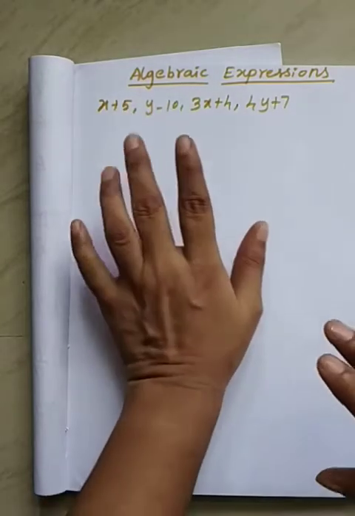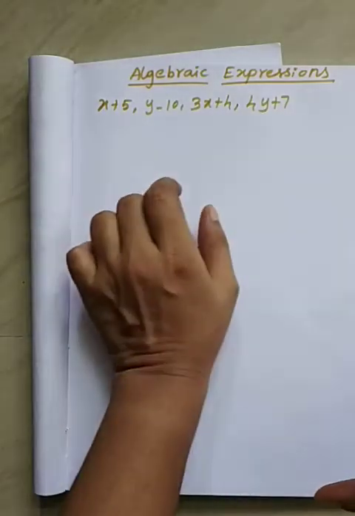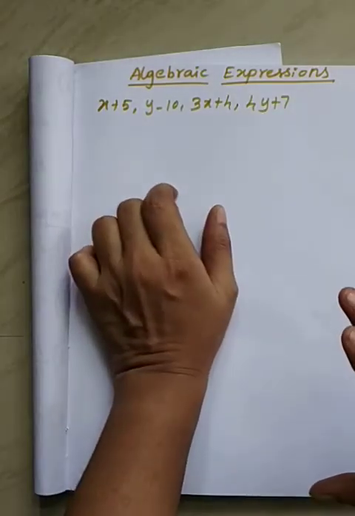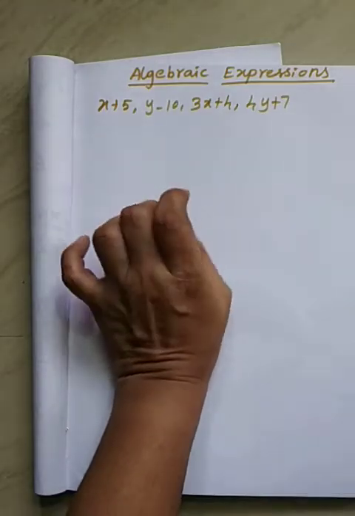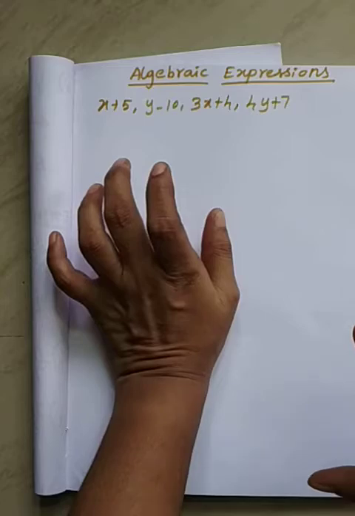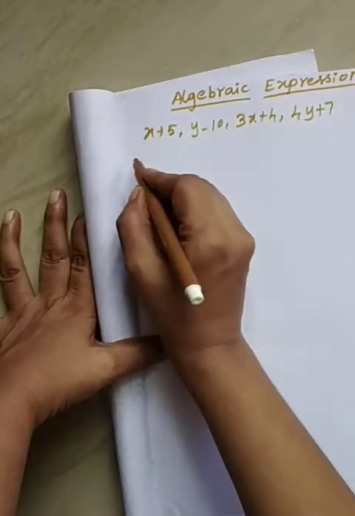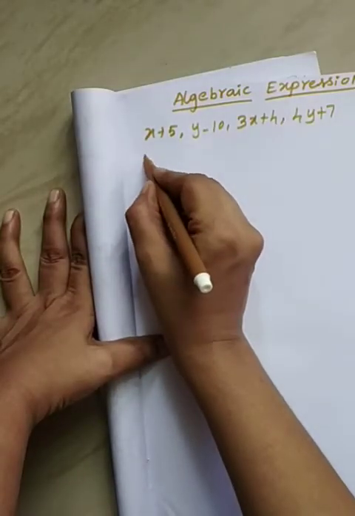First, let us see how we can form an algebraic expression. Consider a situation from our daily life. A shopkeeper sells pens, pencils, erasers, pencil boxes and notebooks. The price of a pen you can take as rupees 5.